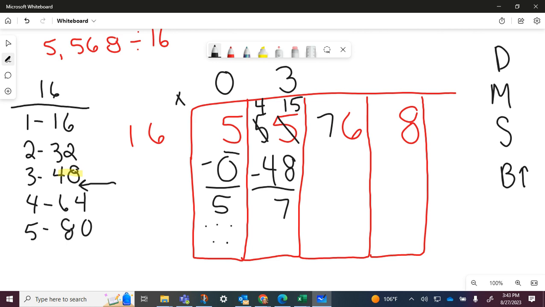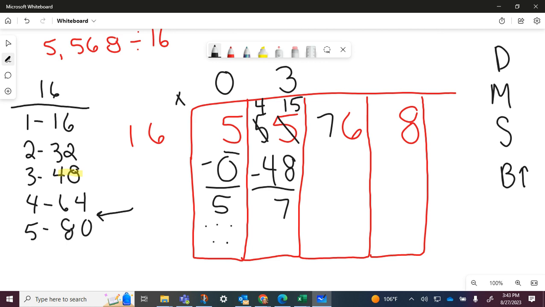So for 76, I'm going to come back to my list and I'm going to ask myself, where do I find 76? Well, let me get rid of this other one. I find 76 right here in between 64 and 80. So again, if I only have 76, am I able to make 5 groups? And the answer is no, because then that would need 80. I don't have 80. I only have 76.